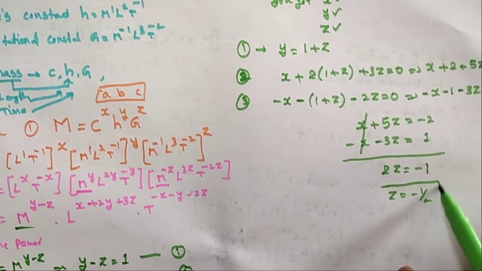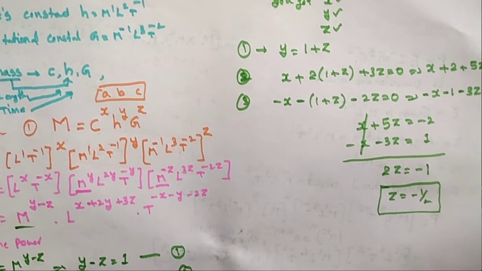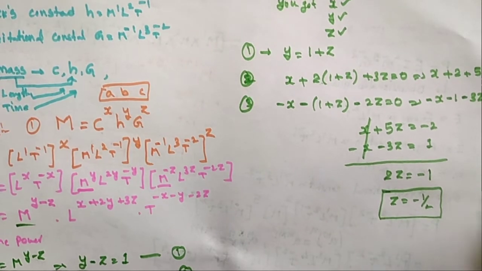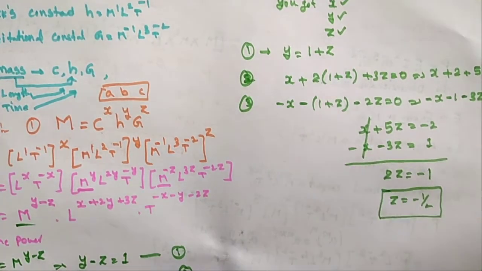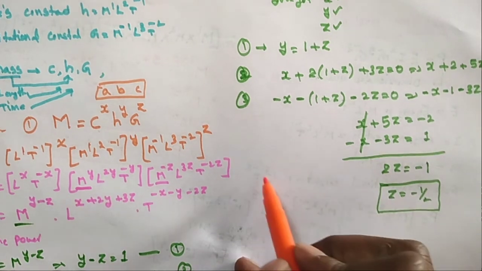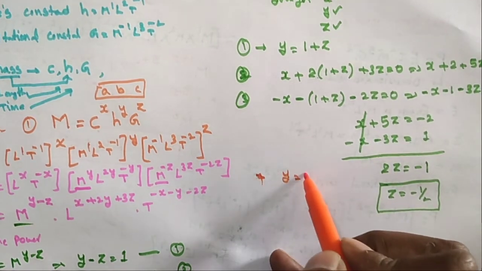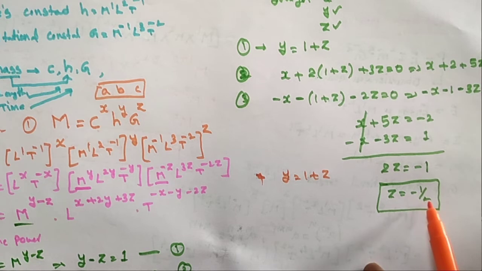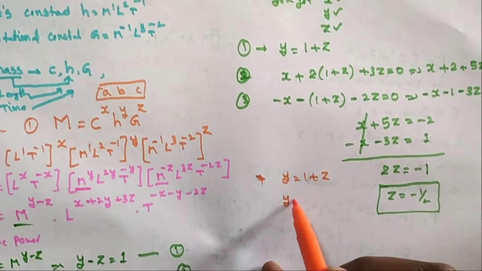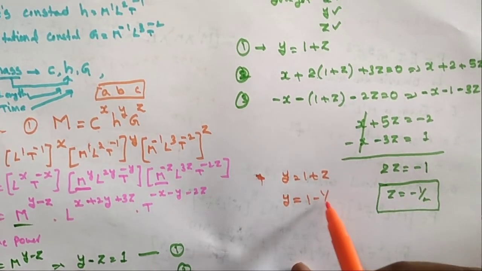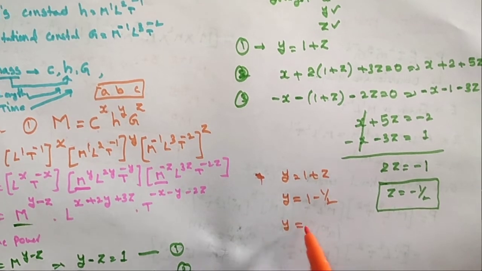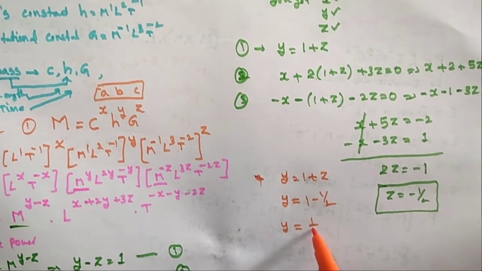You get the z value. So we know that y is equal to 1 plus z, and z is equal to minus 1 by 2. Substituting in this equation, y is equal to 1 minus 1 by 2. Finally y is equal to 1 by 2.